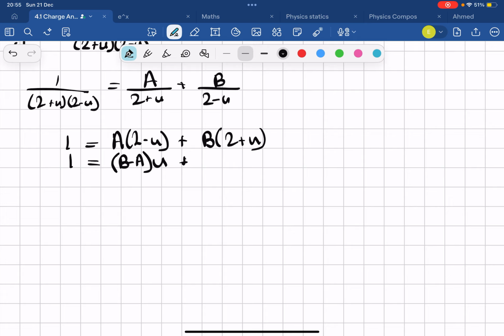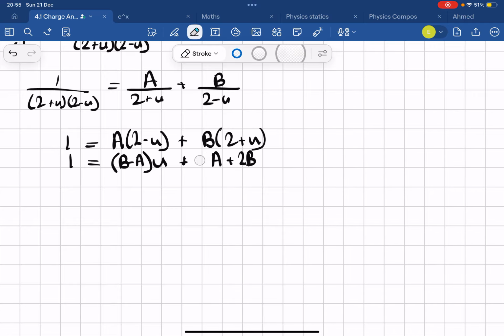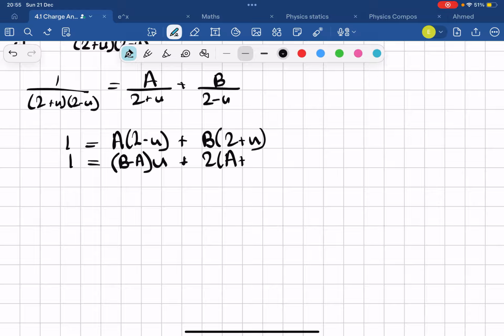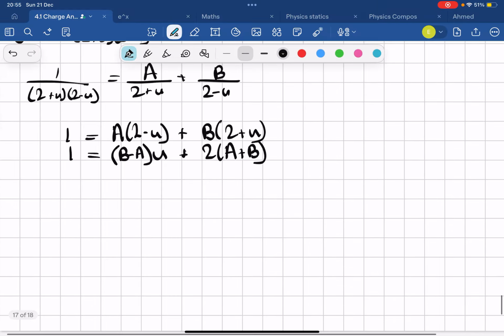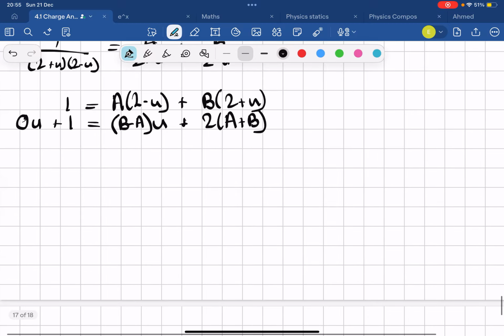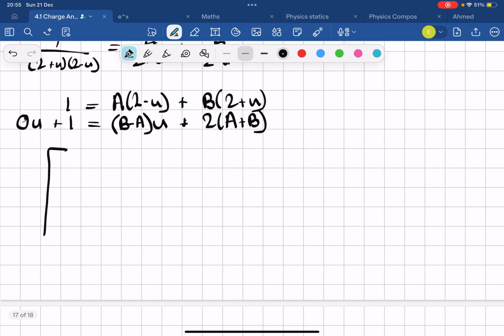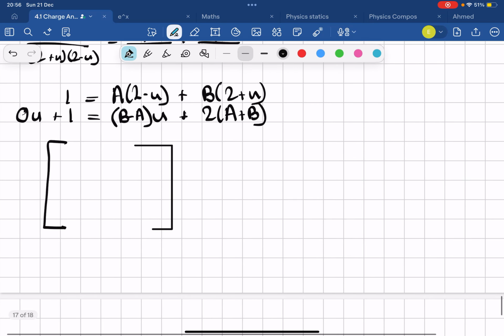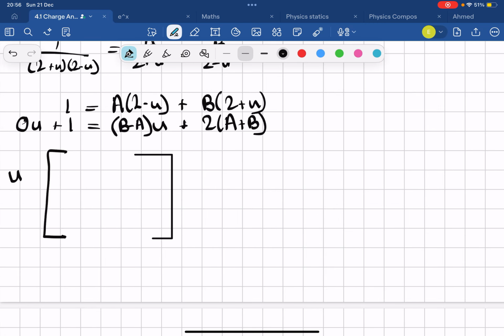Then we've got 2a plus 2b, which can be rewritten as 2 times a plus b. So if we bring in our u, 0u plus 1 equals b minus a, u plus 2 times a plus b. Now let's compare coefficients using matrices. So we've got u and we've got the constant.